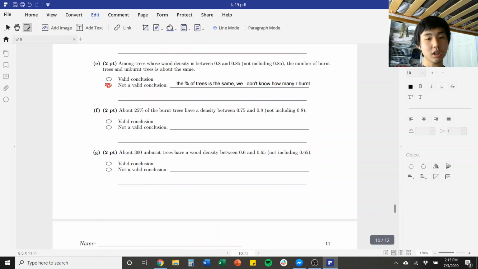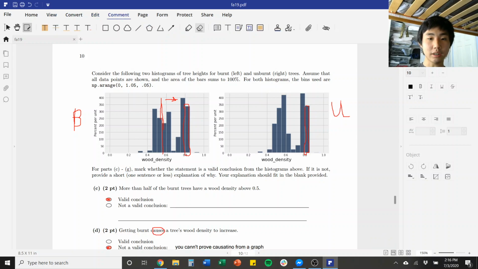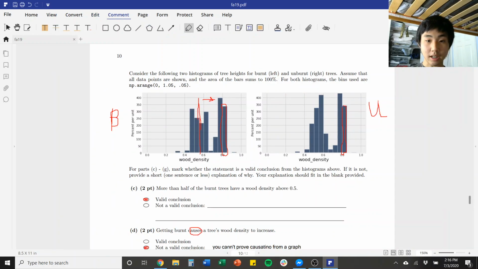Okay, part F. About 25% of the burnt trees have a density between 0.75 and 0.8. So we go to the burnt trees. We look at this bar right here. And the height is 400% per unit. And so to get the area, we need to multiply the base times the height. So the base is going to be 0.05 because this gap of 0.2 is split into 4.